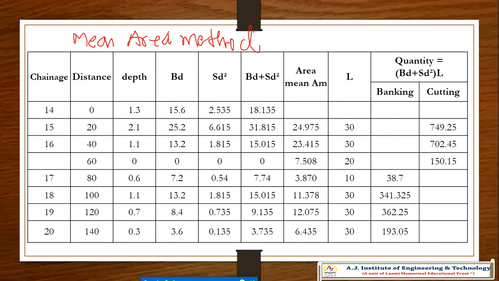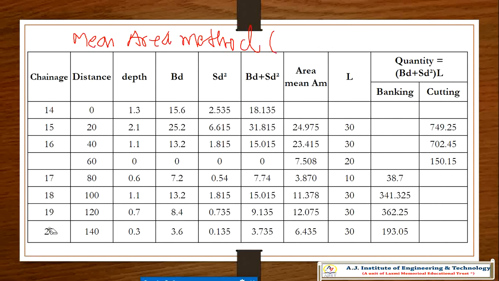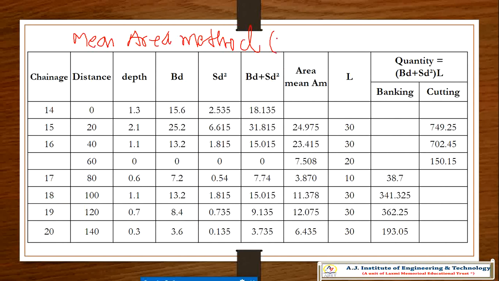It's also called the mean sectional area, not mid sectional area. Mid sectional area means the mean depth method. This is the mean sectional area.